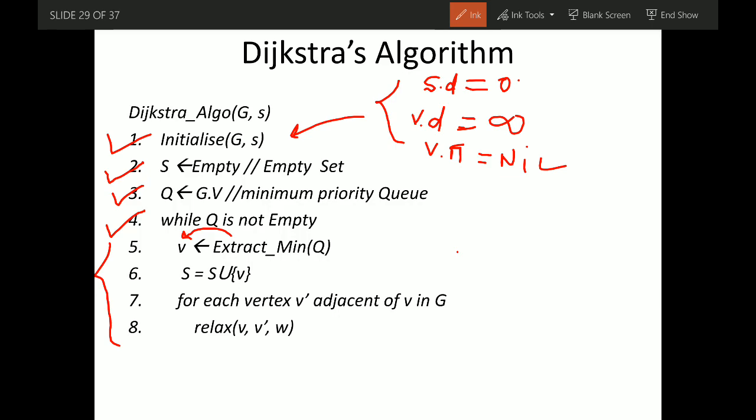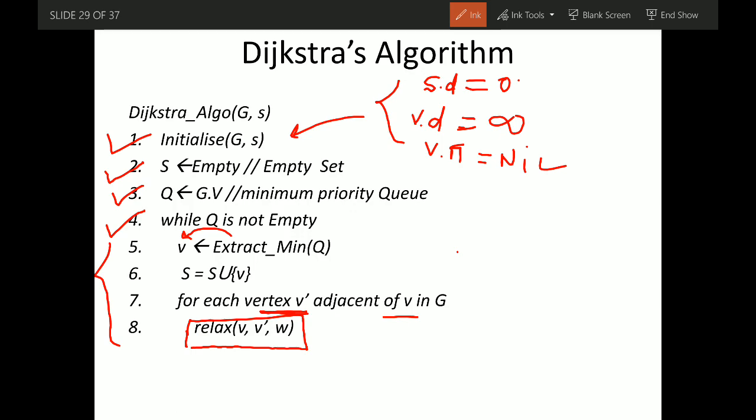Then for all the vertices that are adjacent to v, let's say we call each such vertex v dash, we relax each edge corresponding to that adjacent vertex.